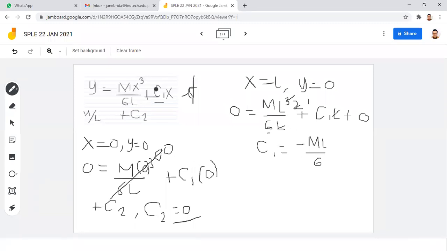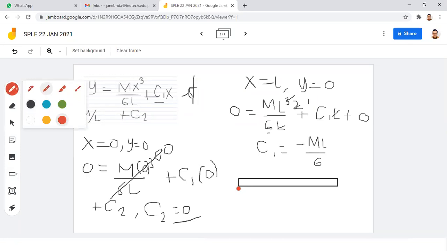So we already have this value of C1, but the question is, where's the location of the maximum deflection? I was telling you earlier that the location of your maximum deflection, for example, this is your beam, if you have this elastic curve, in maxima and minima, you can compute the maximum value and the minimum value when the slope is equal to 0. For example, in this case, here is the location at this tangent point.